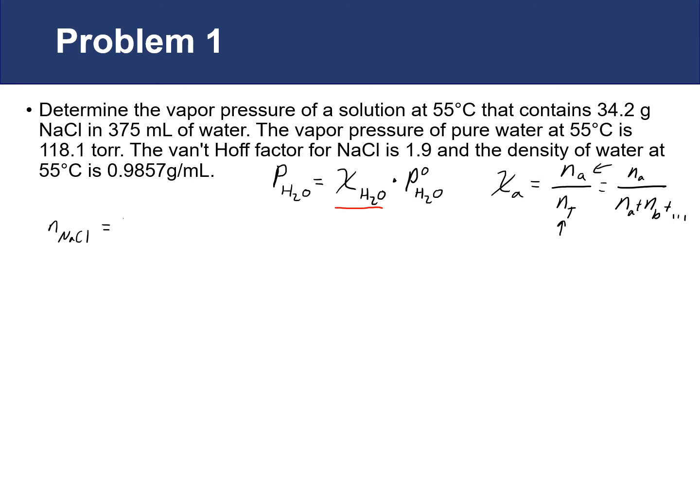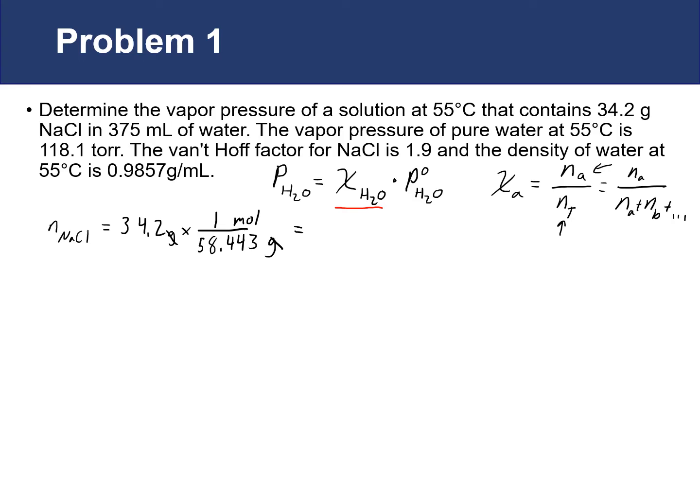So we have 34.2 grams of sodium chloride. Take this and multiply it by 1 over the molecular weight, moles on top, grams on bottom, 58.443 grams. Our grams will cancel out.